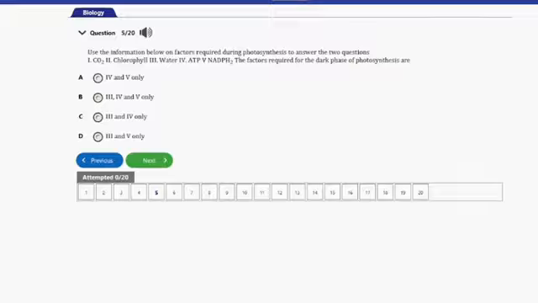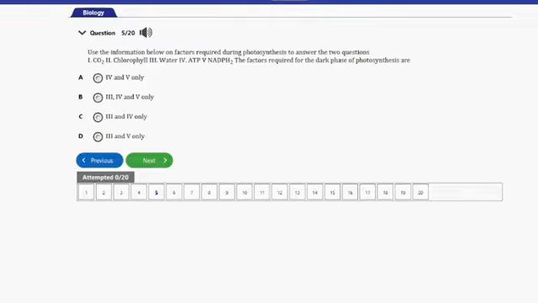So the factors required for the dark phase of photosynthesis are A. IV and V only, B. III, IV and V, C. III and IV only, D. III and V only.